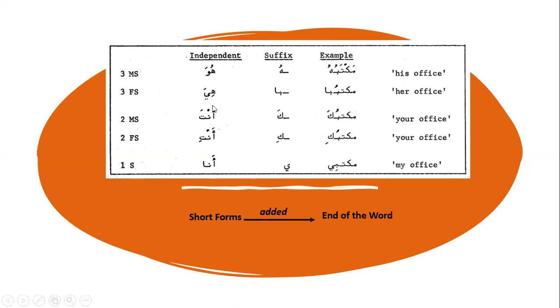When you make this pronoun a suffix, you add it to the end of the word. When this pronoun suffix is added to a noun, it expresses possession. So maktabun is office. Maktabuki or maktabuka is your office. So this is expressing possession of an object or a noun.